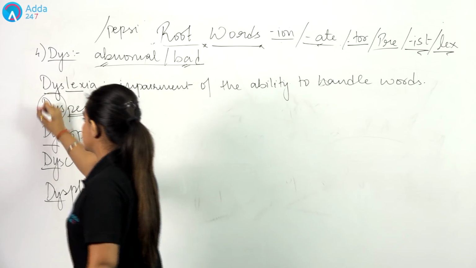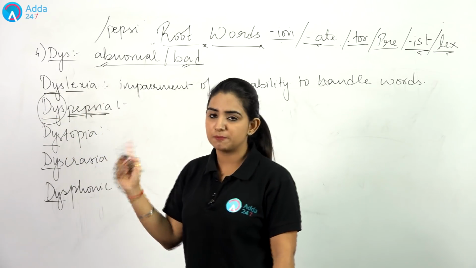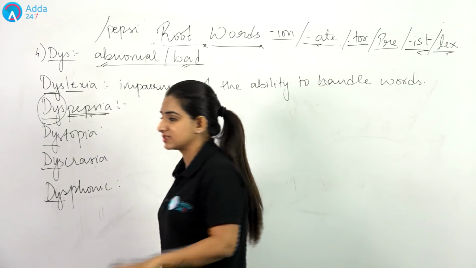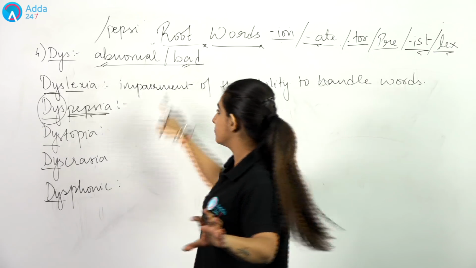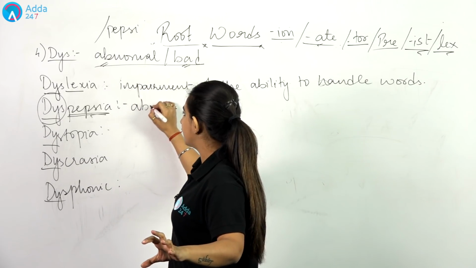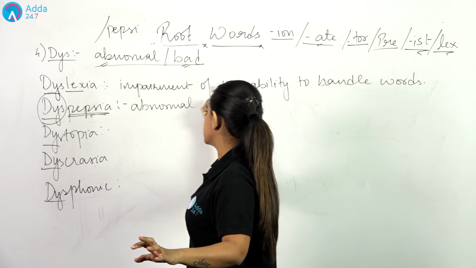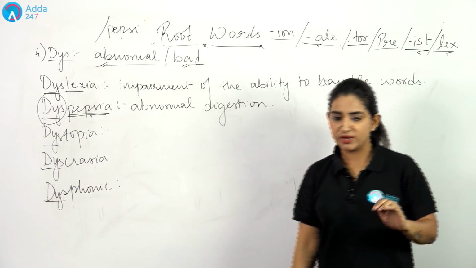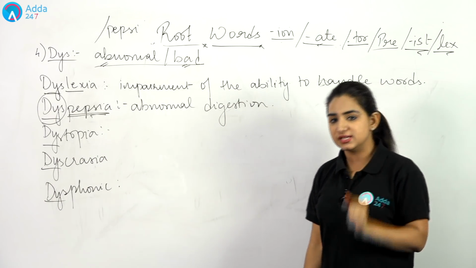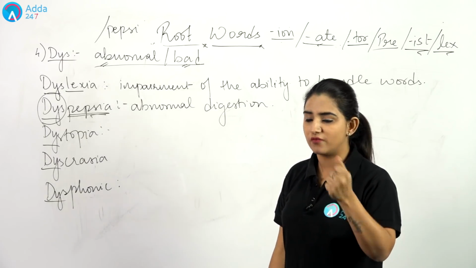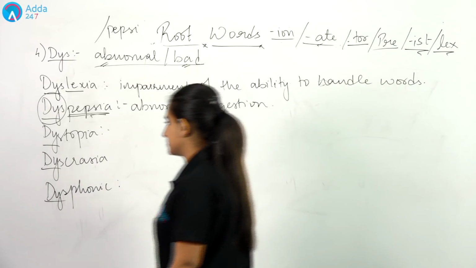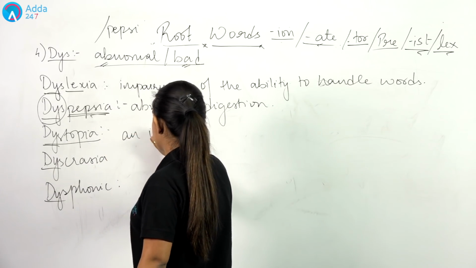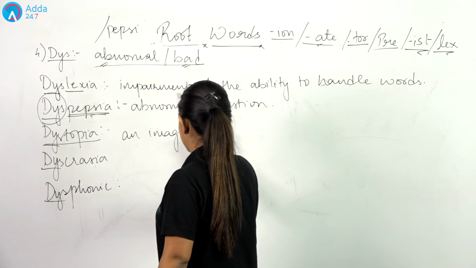When I have placed dys with Pepsi, this means that you're talking about something that has a relation with bad or abnormal, and of course it is digestion, so it should be abnormal digestion. When you're not able to digest something that you've just drunk or you've had, that is what we mean by dyspepsia. Next is dystopia. Dystopia means an imaginary place.